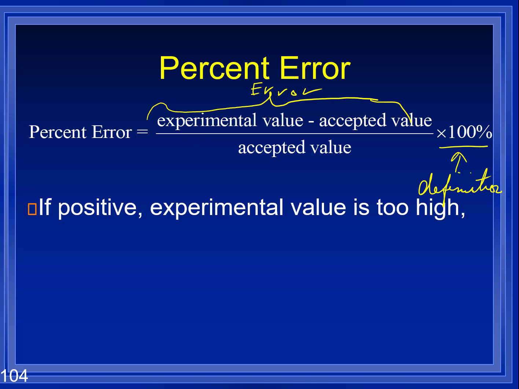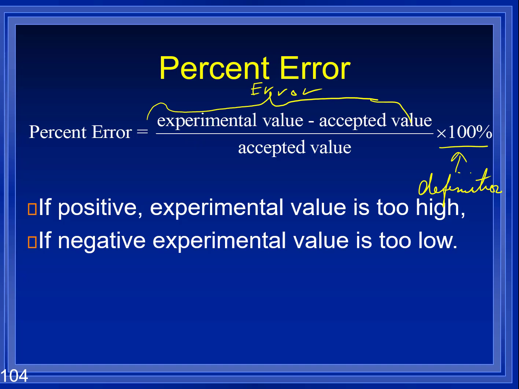And I'll get a negative answer if the experimental value is low, because I'll subtract a bigger number from a smaller number, get a negative number.